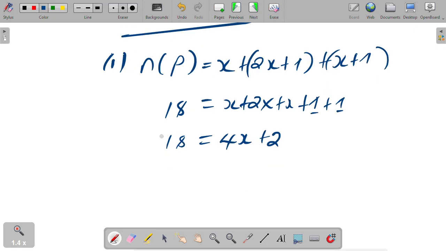Group the like terms as well. 18 can cross to the other side: 4x is equal to, when 2 crosses the equal sign, 18 minus 2.